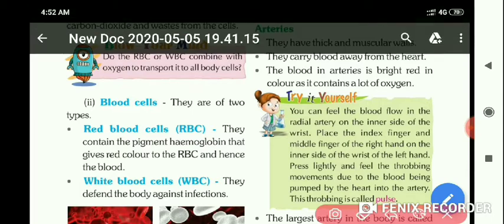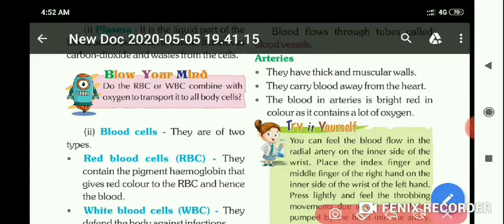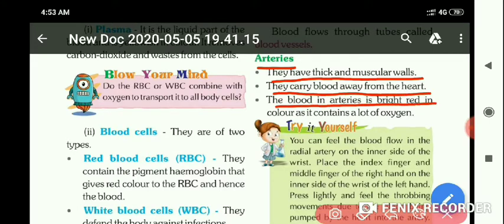So what you have to do, you have to write down arteries. Arteries have thick muscular walls. They carry blood away from heart. The blood in arteries is bright red in color as it contains a lot of oxygen. These 3 points you have to write down in arteries.